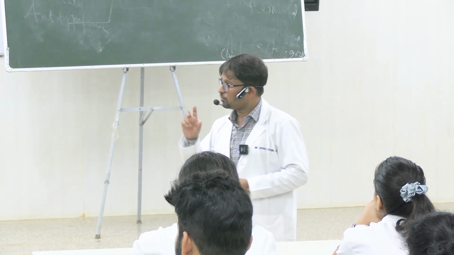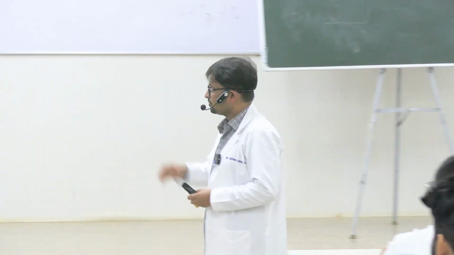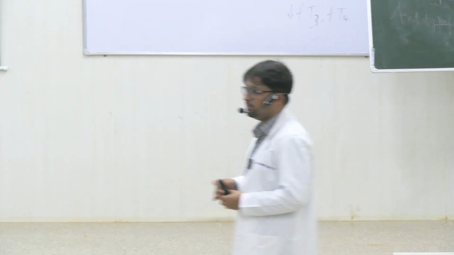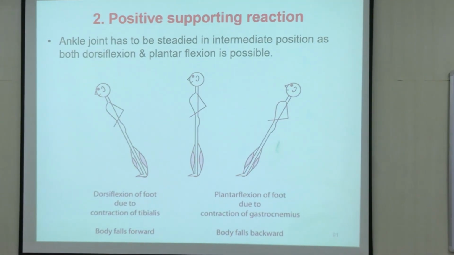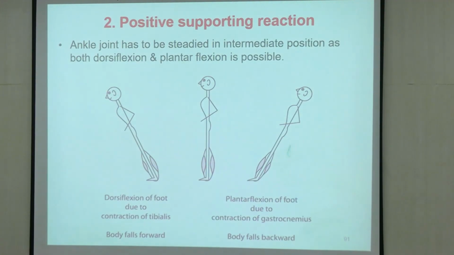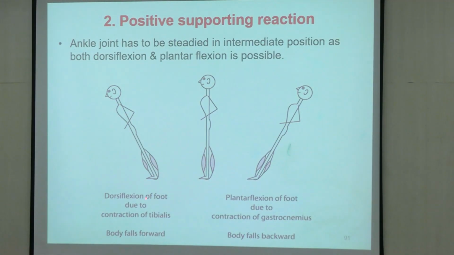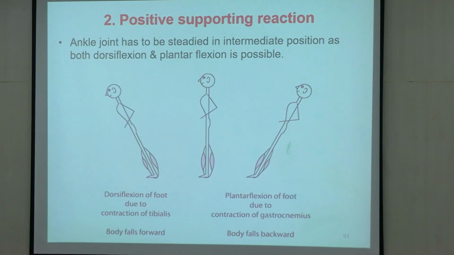So when you talk of this postural reflex as such, the main thing that we learn with practice is how the ankle joint can be steadied at the right position. This is called a positive supporting reaction. So you see, if the tibialis anterior muscle contracts, what will happen? There is dorsiflexion.